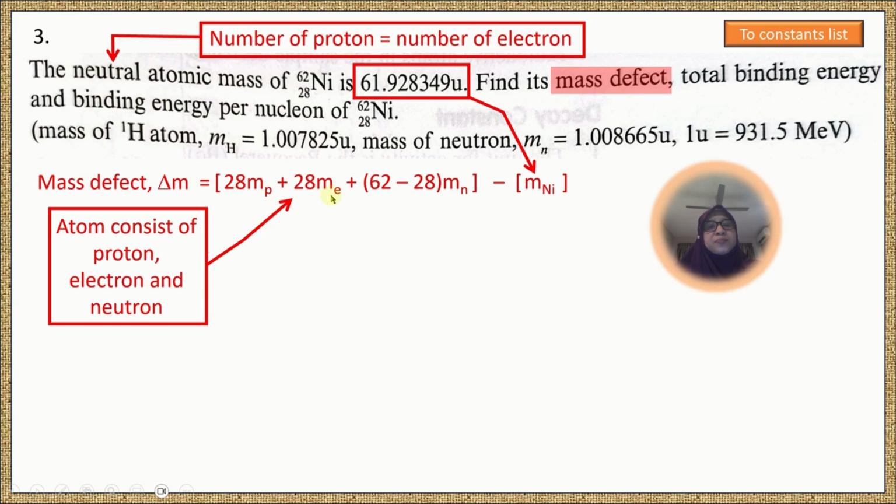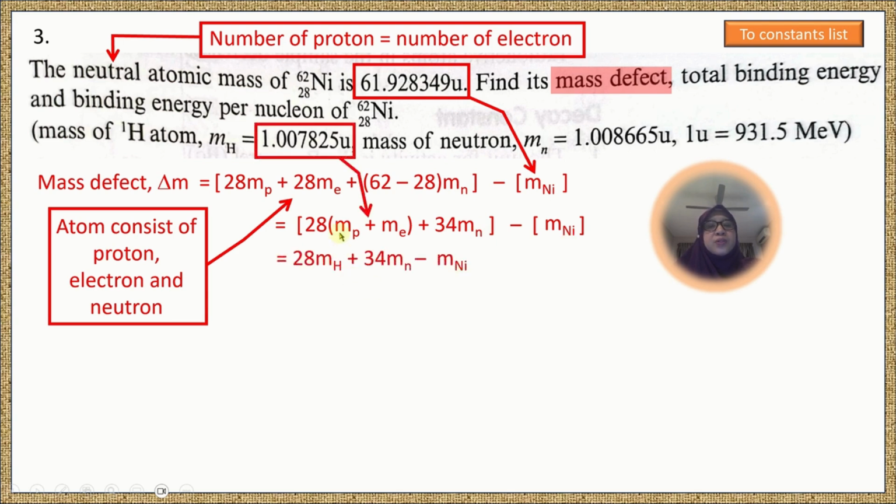So we factor out 28 and get 28 multiplied by the bracket of the mass of proton plus the mass of electron, plus 34 times the mass of neutron, since 62 minus 28 is 34, minus the mass of nickel. For the mass of proton plus the mass of electron, we can use the mass of a hydrogen atom, because a hydrogen atom consists of one proton and one electron.